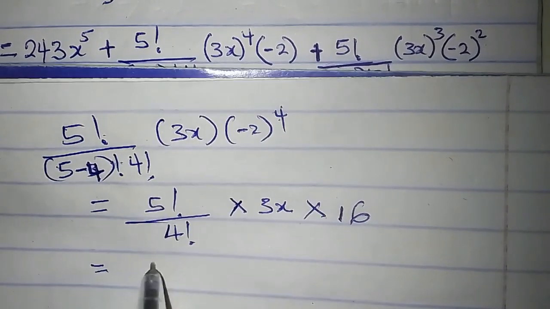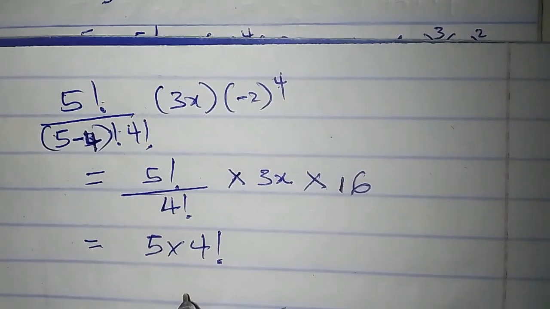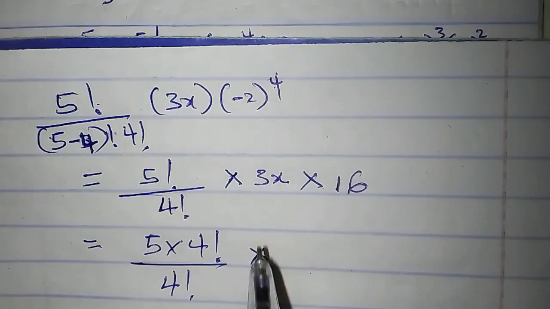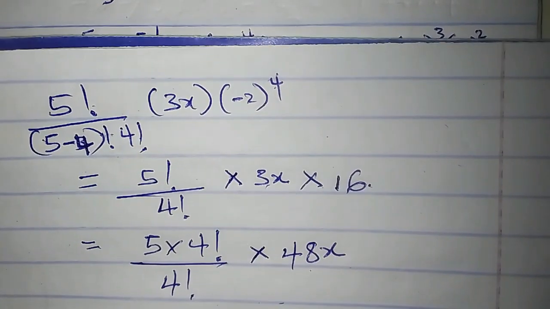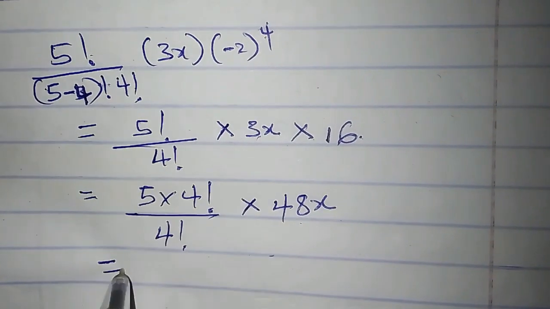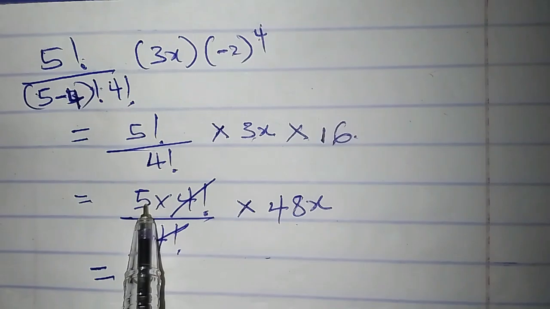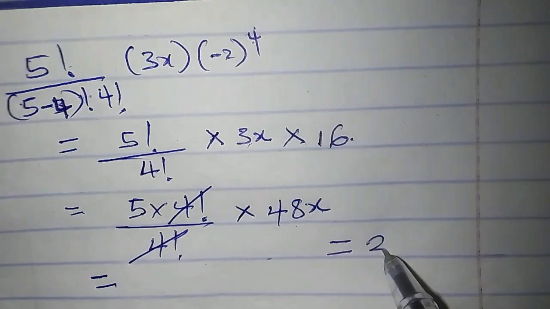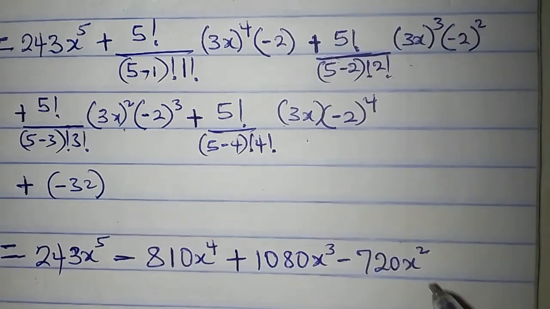5 factorial can be written as 5 times 4 factorial because 4 factorial is a factor of 5 factorial. 3 times 16 is 48. 4 factorial will cancel 4 factorial. So we have 5 times 48x, and that is equal to 240x.